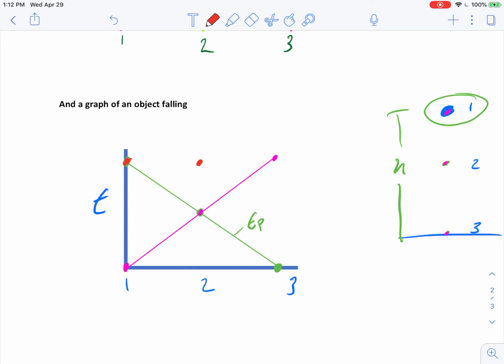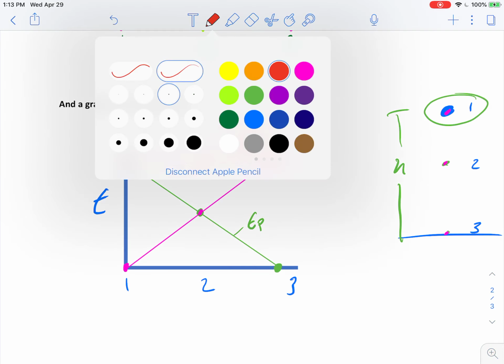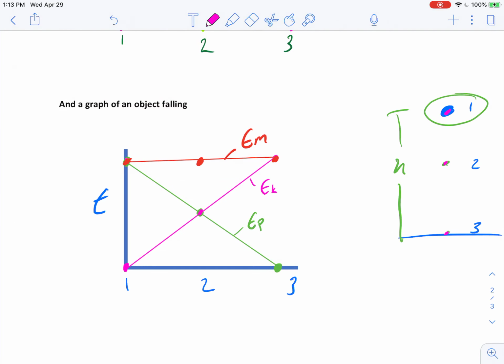And then in the end, that whole mechanical energy is made up of kinetic energy. So once again, look at your mechanical energy graph. It is supposed to be a straight line. There we go. It is a straight line. EM stays the same throughout. And at every single point in it, it's made up of the amount of potential energy plus the amount of kinetic energy to give you this total amount throughout the entire system.